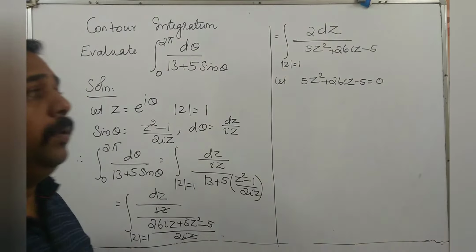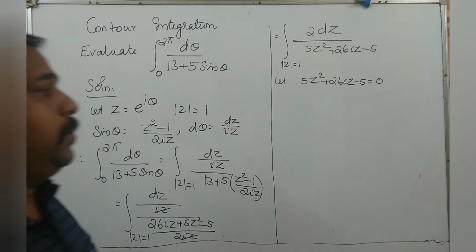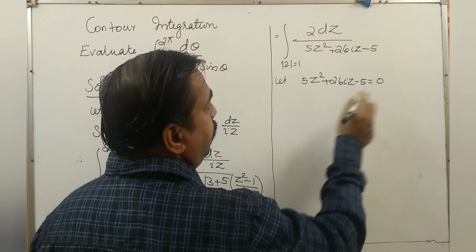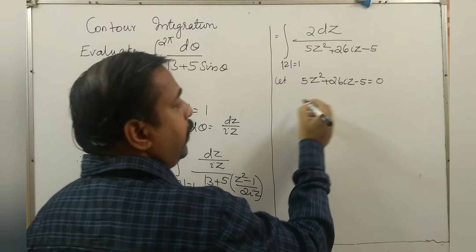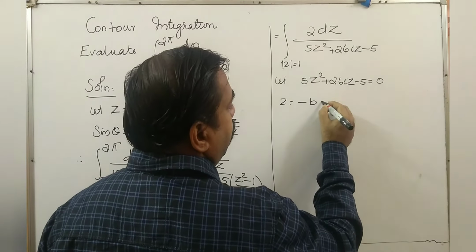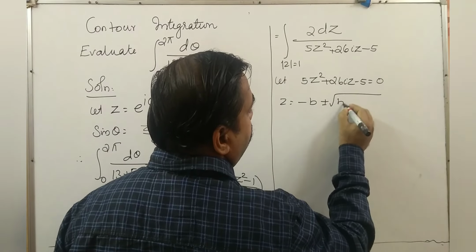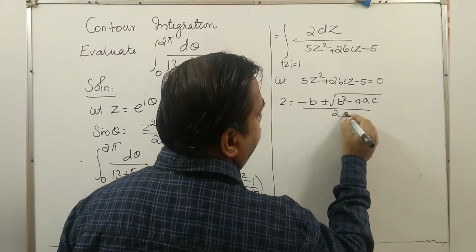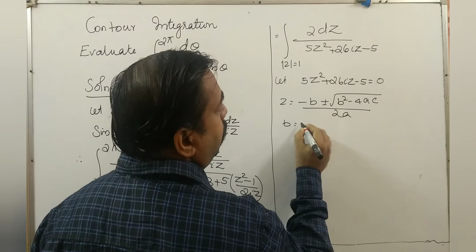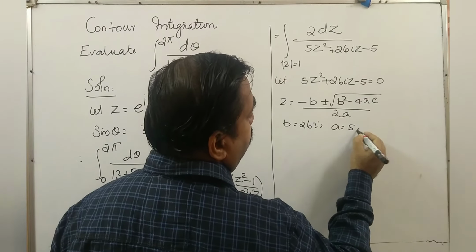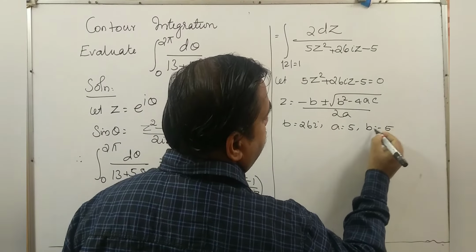What is the next step? We are going to find the poles. So this is a quadratic equation, so we can take z equal to minus b plus or minus root of b square minus 4ac, divided by 2a, where b is equal to 26i, a is equal to 5 and c is equal to minus 5.